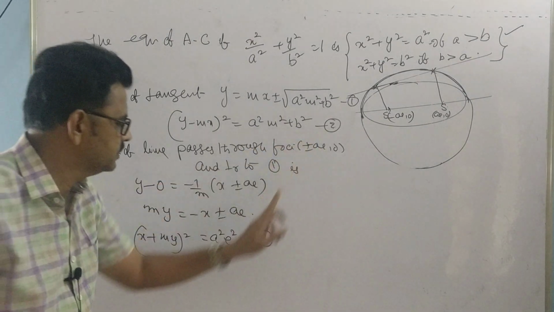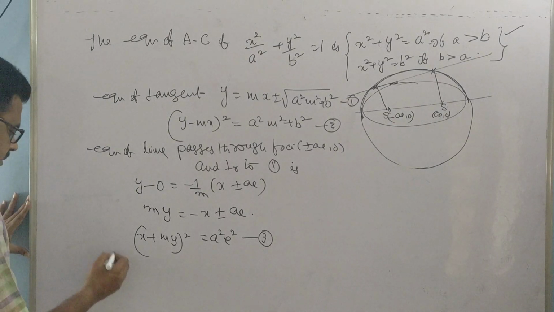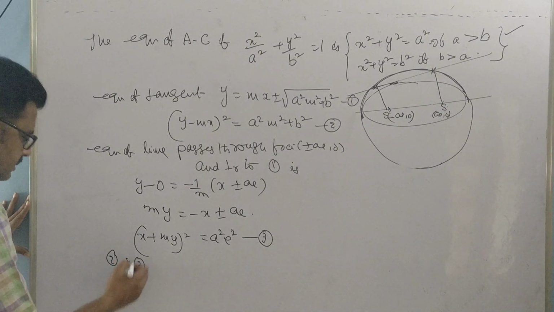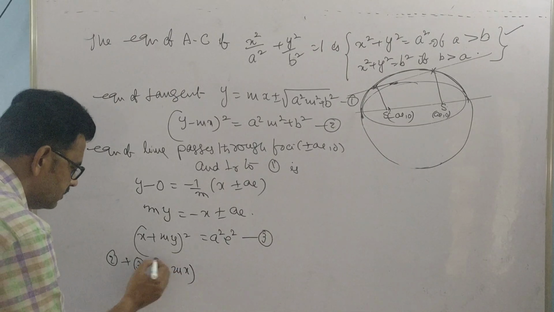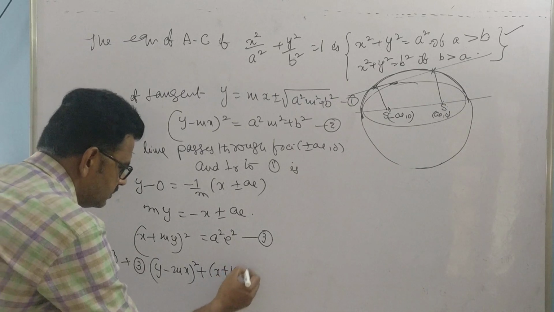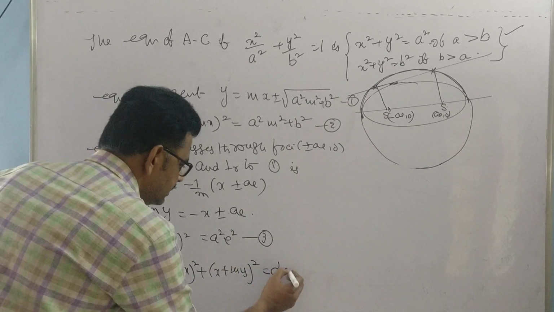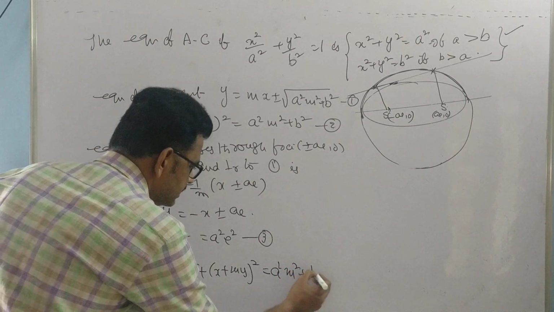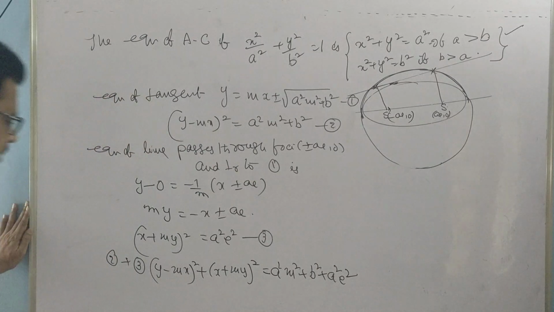Now adding 2 and 3. So y minus mx whole square plus x plus my whole square is equal to a square m square plus b square plus a square e square.